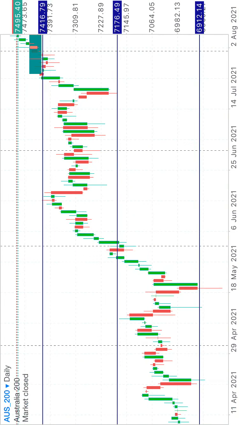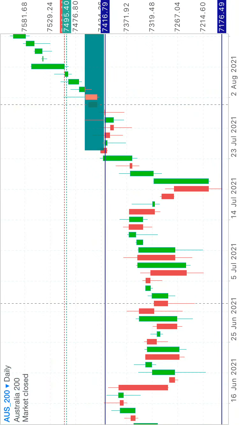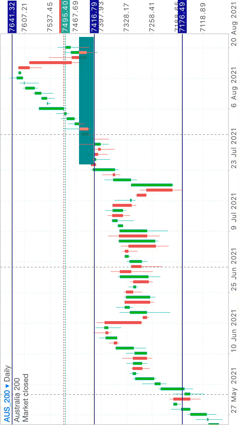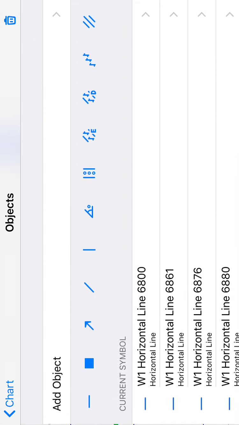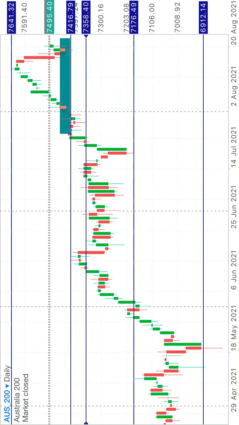On a daily time frame, we're also on an uptrend. Why? Because if you can check the current price, which is 7495.0, it is still less than what?